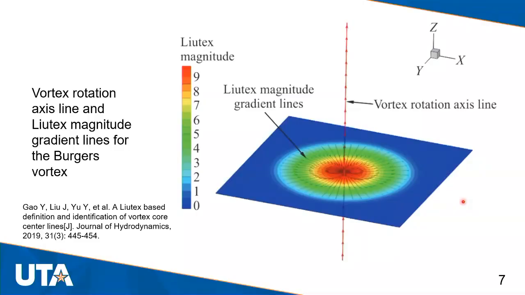So you can see these black lines are the gradient lines. The gradient lines are perpendicular, normal to the vortex direction unless they reach the maximum, right?